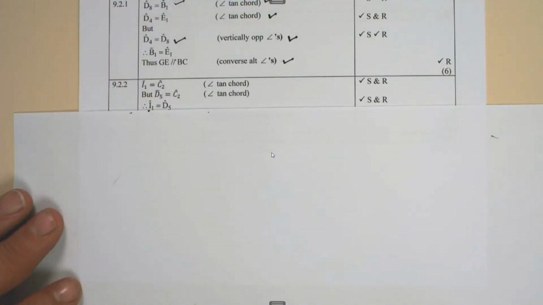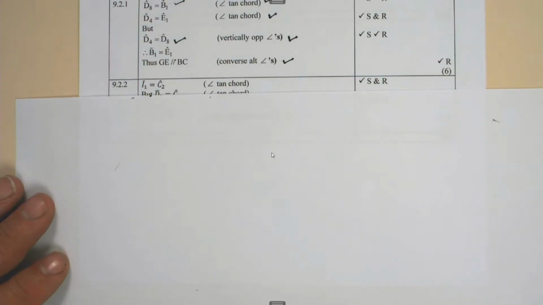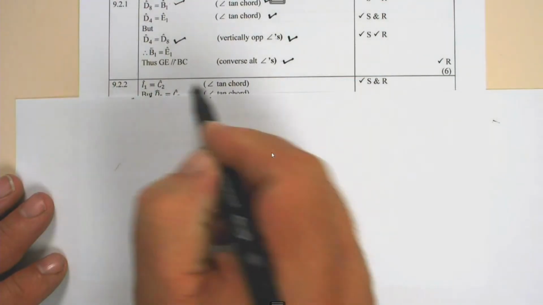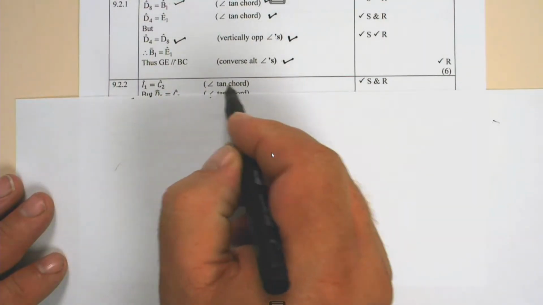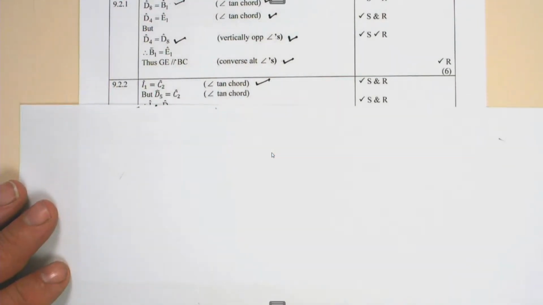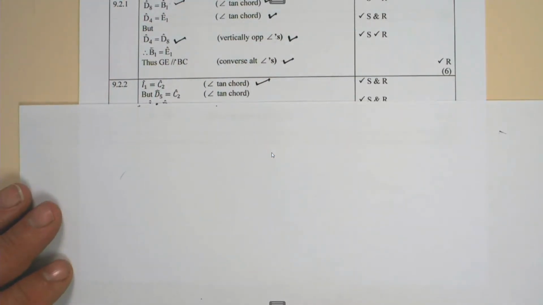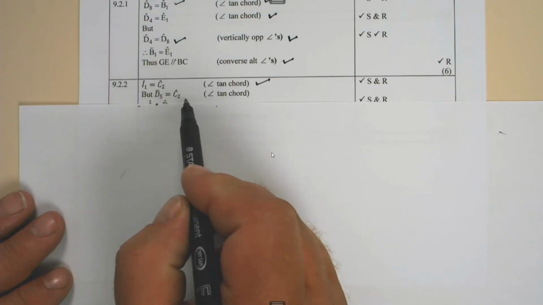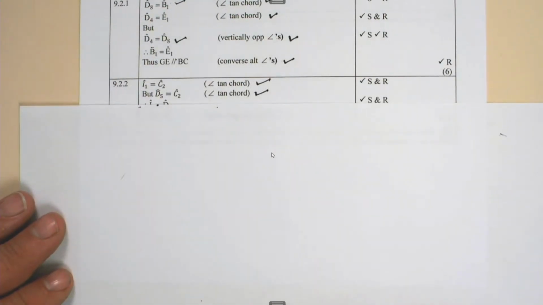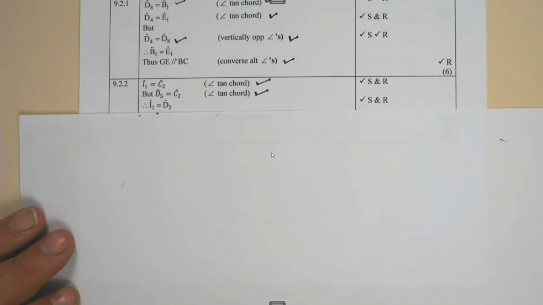Right, in 9.2.2, we had to show that HI is equal to HD. 1 mark to say that I1 is equal to C2, and this is the tan chord theorem, 1 mark for statement and reason. In this case here, we can say that D5 is equal to C2, tan chord theorem, 1 mark for statement and reason.